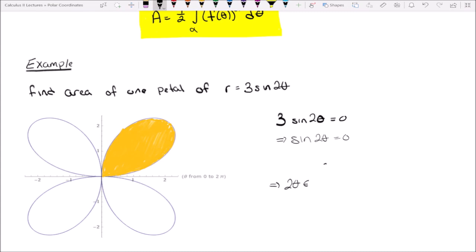Has to be in one of 2 sets. So either the set, I'm going to do it this way.